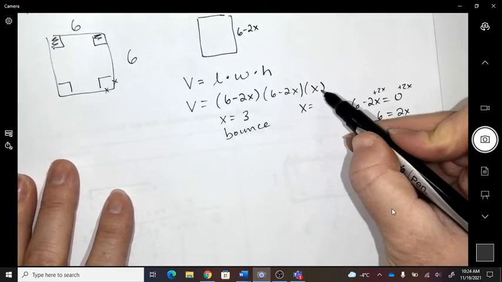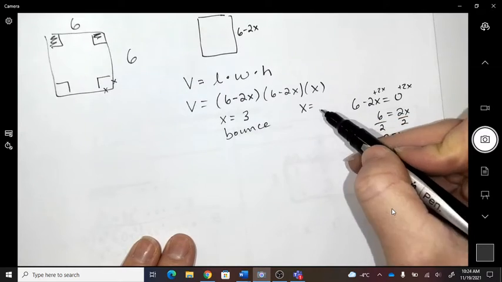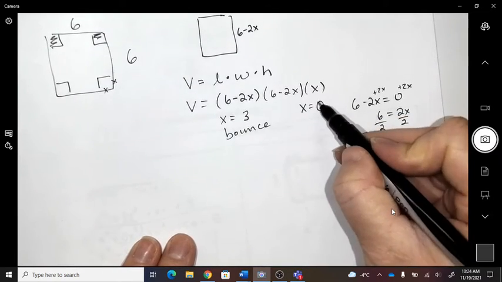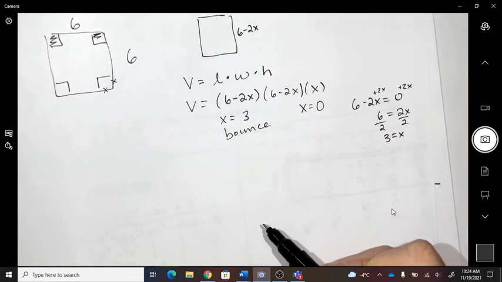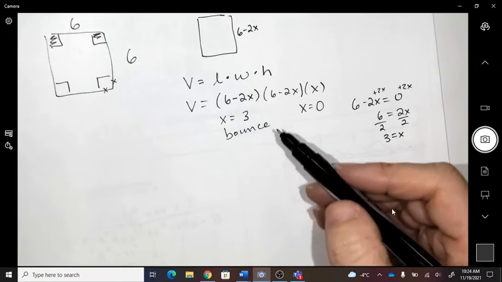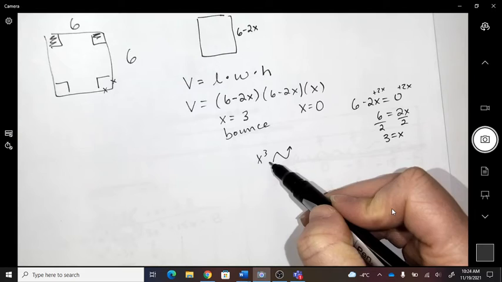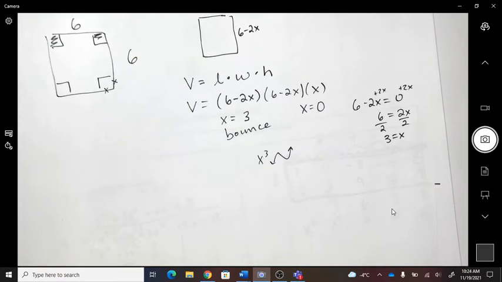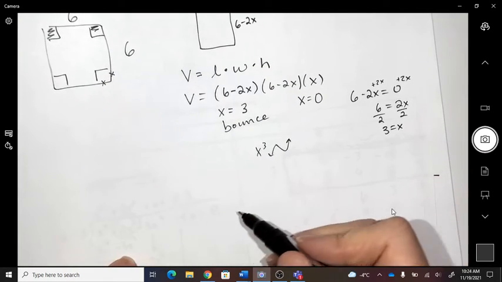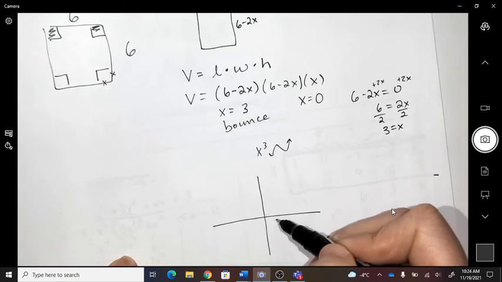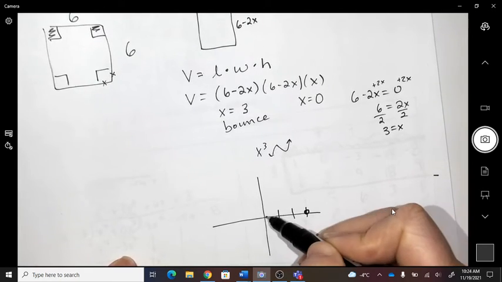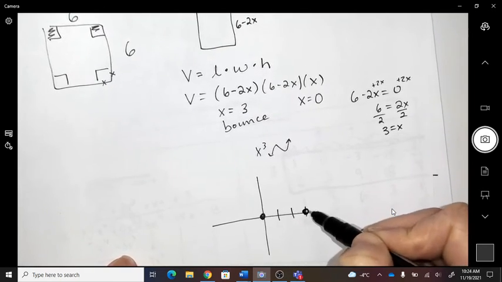And over here, what's this x-intercept? 0. Do we understand the generic shape of this graph? Cubic, positive cubic. So it's going to look like that. Okay. So 0 and 3 are your x-intercepts.